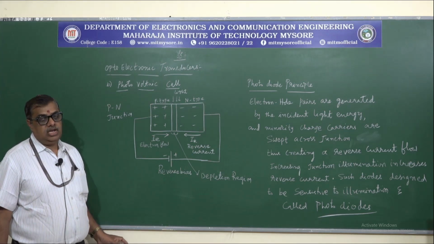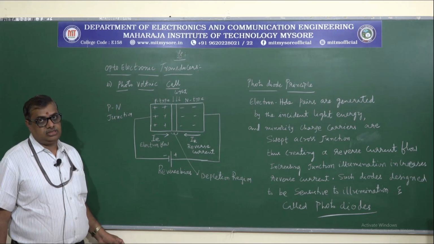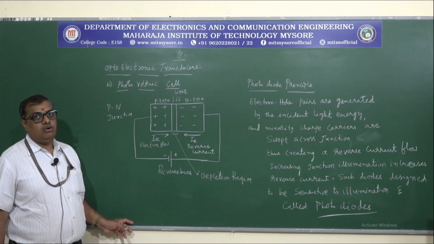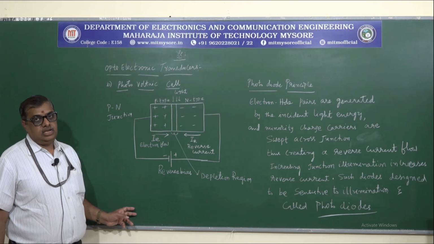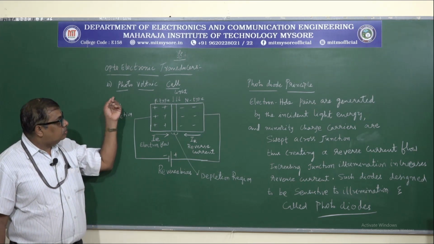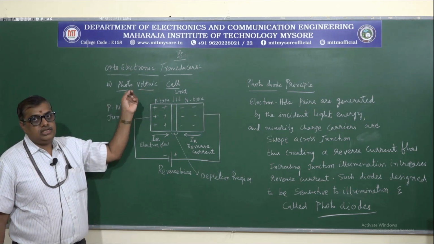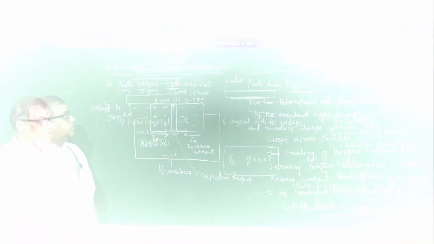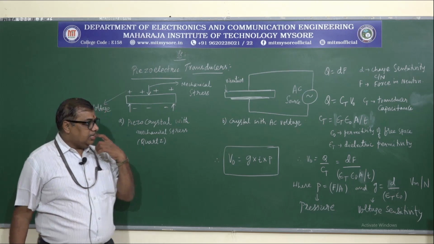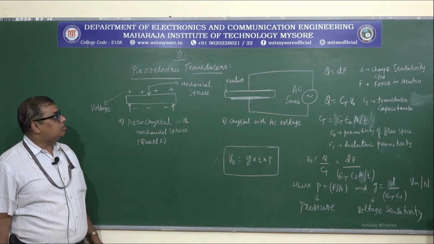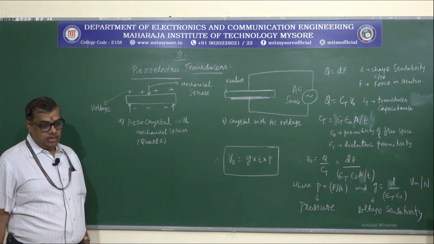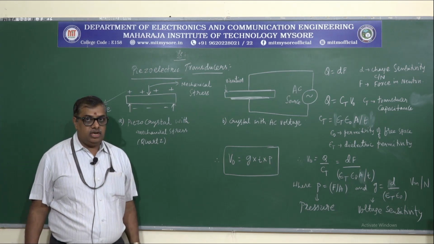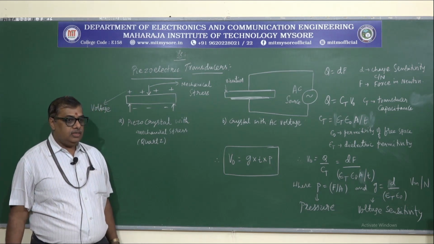The first type we have seen is the photoconductive transducer, and this is the photovoltaic cell, and it works in the photovoltaic mode. It is in the voltage mode. Okay. The last type of transducer is called the piezoelectric transducer. Now let us see what the piezoelectric effect is.